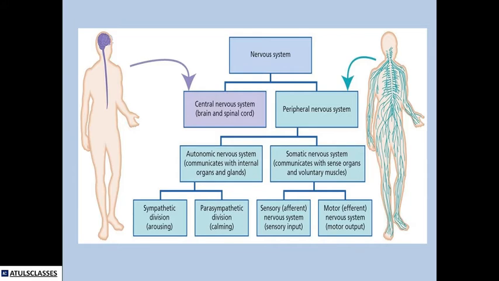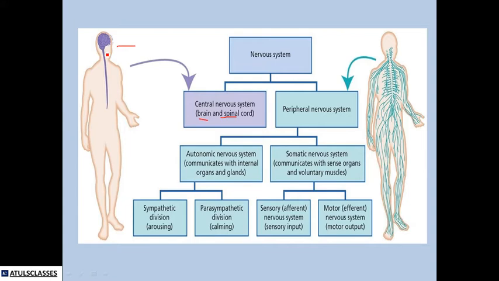The central nervous system, as you can see shown here, has only two parts, that is the brain and the spinal cord. It's a very simple structure that it has only brain and spinal cord, but most of the functions are controlled by these two organs.